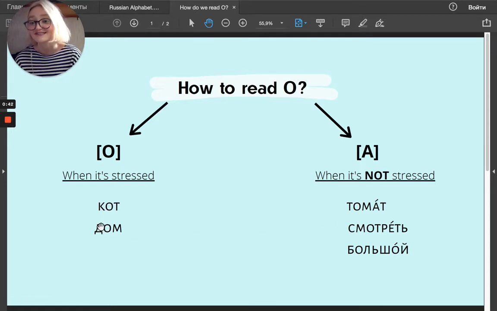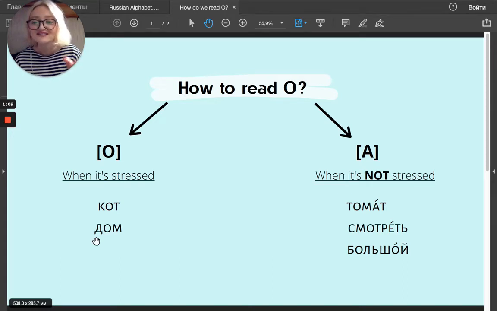Let's look at examples. Kot. That's how we say cat. Why do I read O like O here? Because it's the only one vowel and it's obviously stressed and emphasized. Next one, dom, which is home or house.